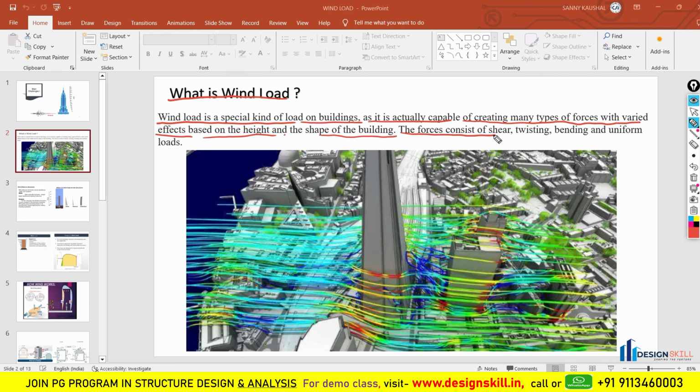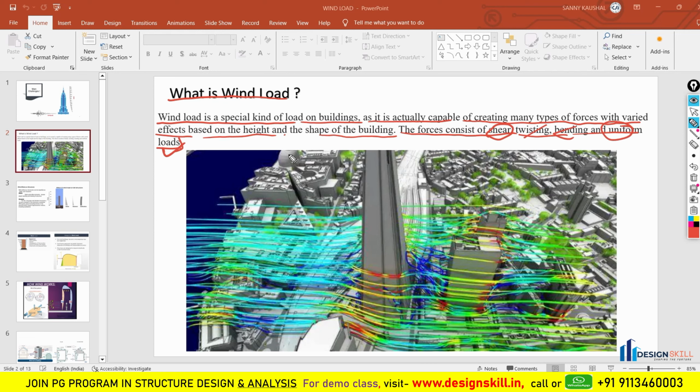The forces consist of shear, twisting, bending, and uniform loads.